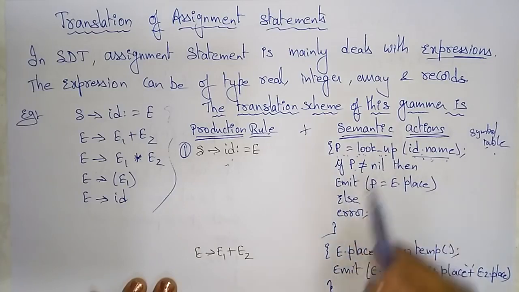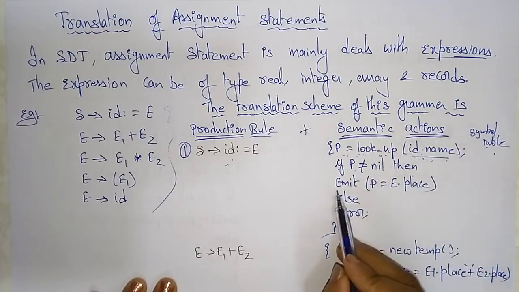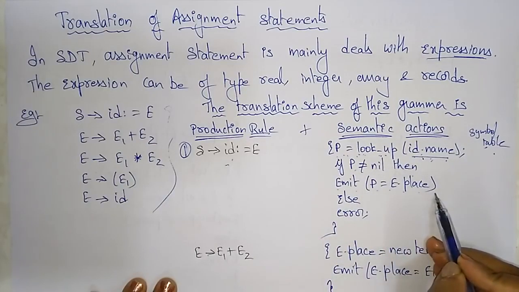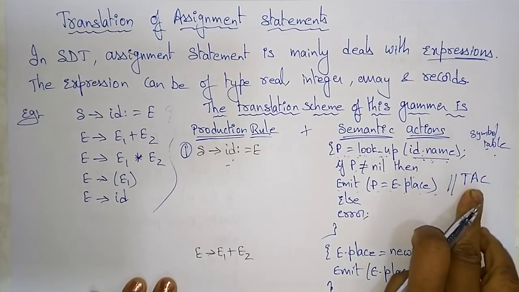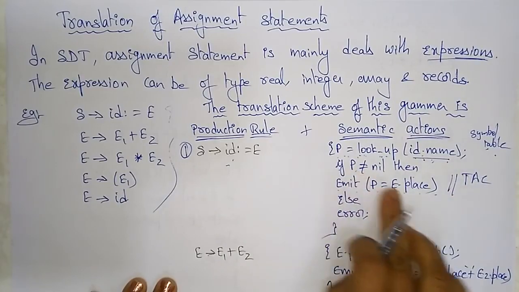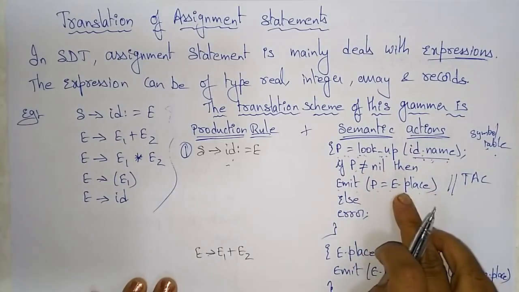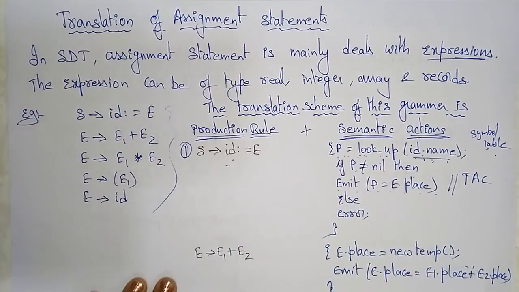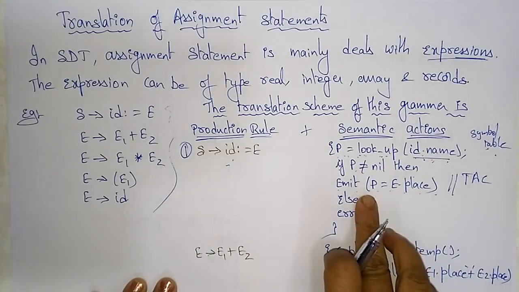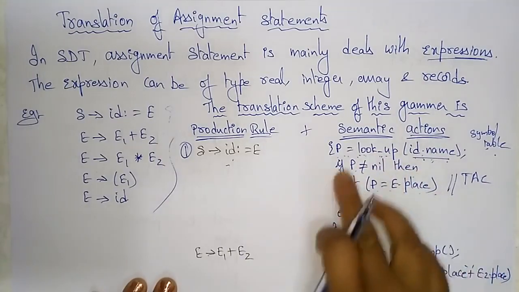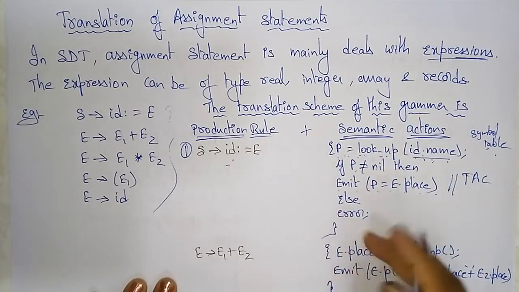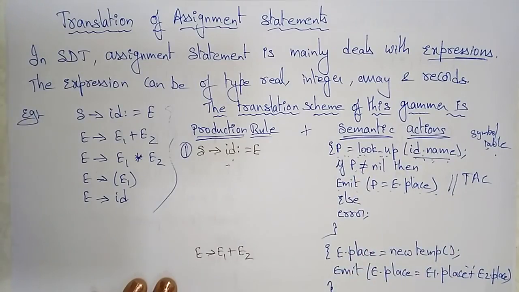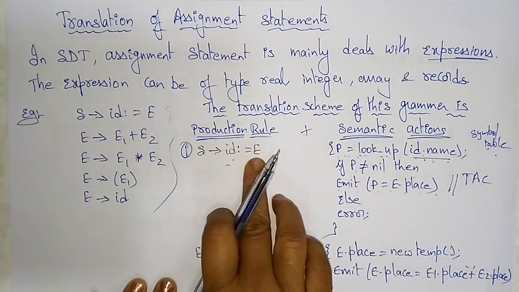So if P is not equal to null, then emit P is equal to E dot place. Emit means we have to generate three address code. The three address code will be generated for the P value, that means E dot place will be assigned to P. If P is null, it displays an error. So that is the action for this production rule.